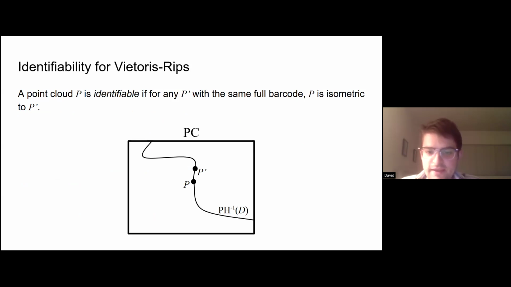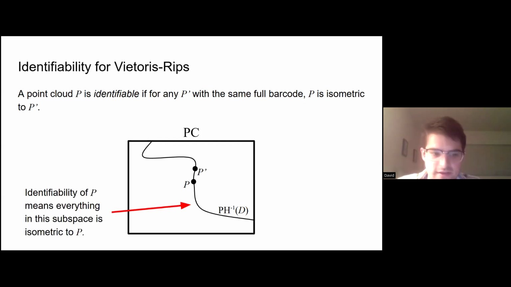What this means is that if P is identifiable, the level set that it's in is just the isometry class of P. So persistent homology is maximally descriptive at P. We know that it can never tell apart isometric point clouds, and if P is identifiable, this means that isometric point clouds are the only point clouds with the same output as P.